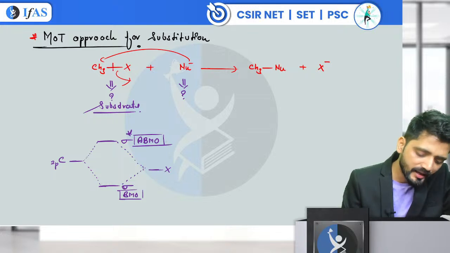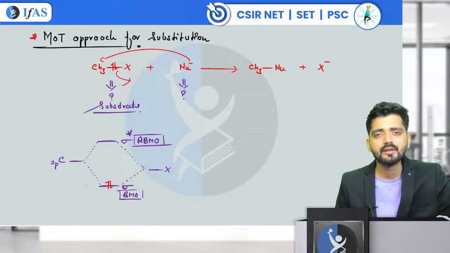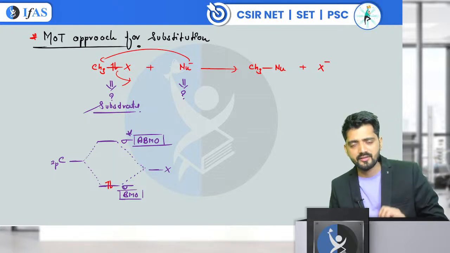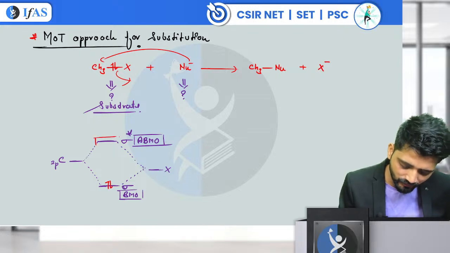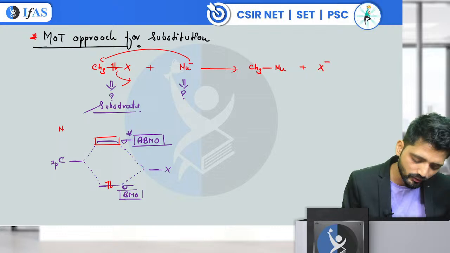Since this sigma bond has two electrons, these two electrons will be in the sigma orbital. Now, when this substrate accepts electron density, of course it is going to accept it in the orbital which is vacant, and the sigma star orbital is the vacant orbital for the substrate.